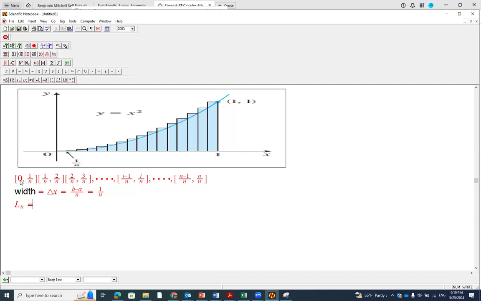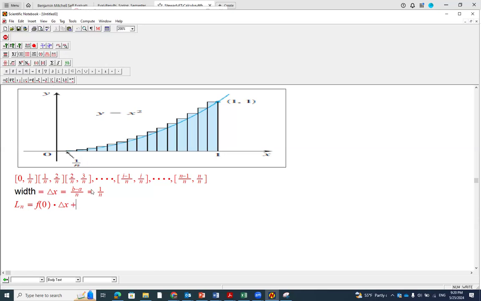Then the first one is 0 squared, or f of 0. Let me use f of 0 first. Multiply by the width. Right now, we're going to use the width as delta x because this is going to lead us to a more general format of the sum.